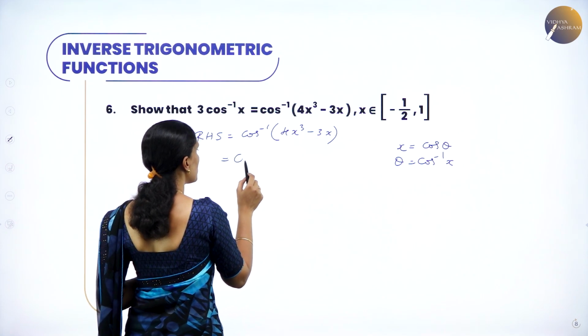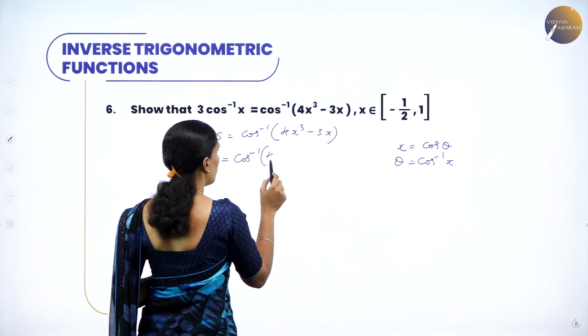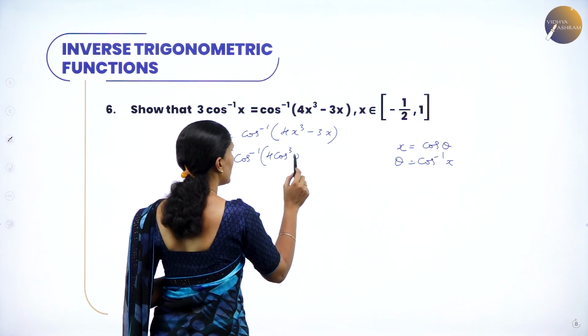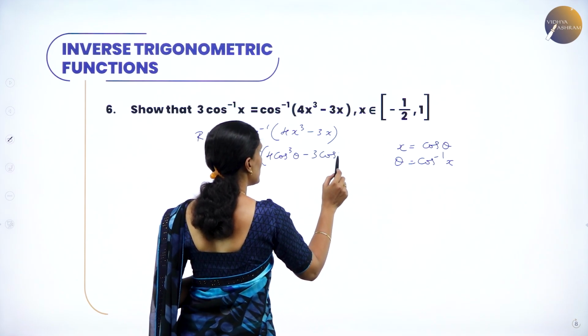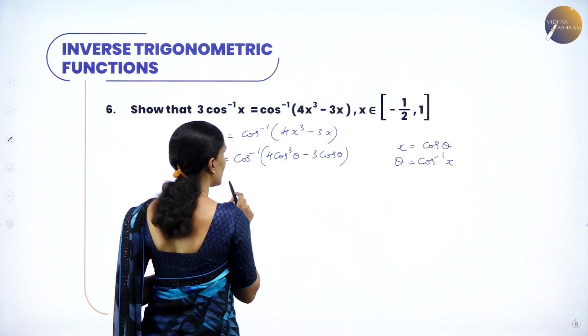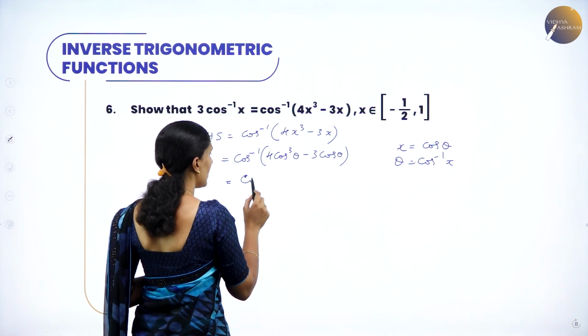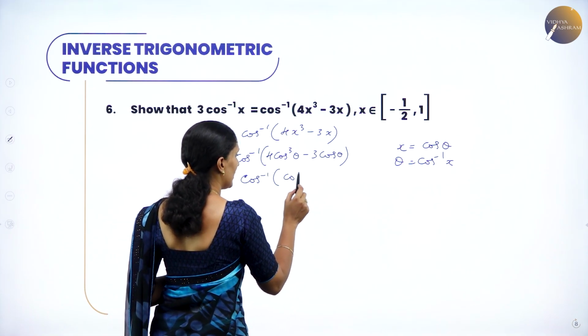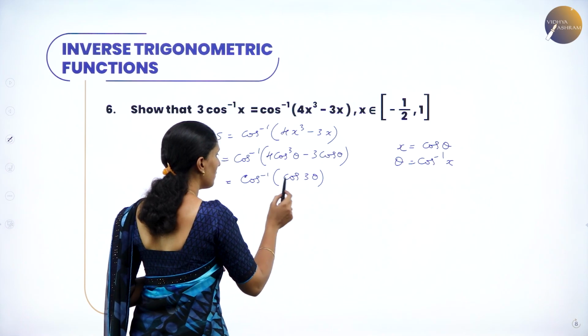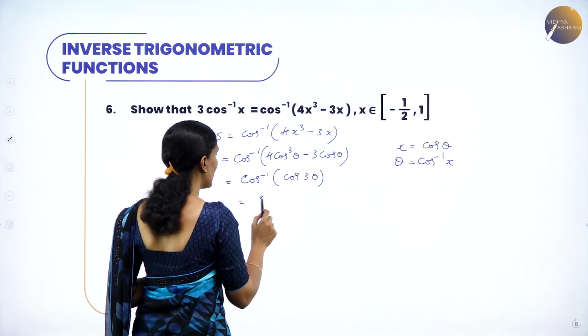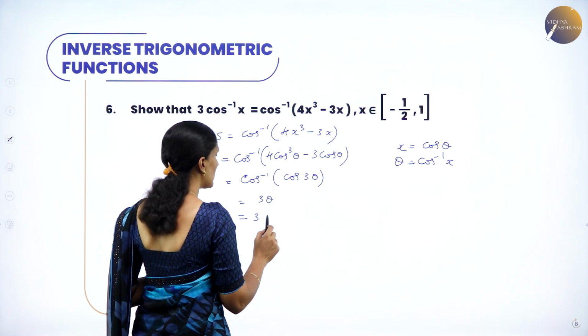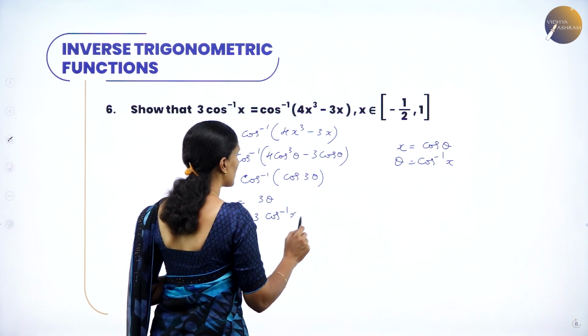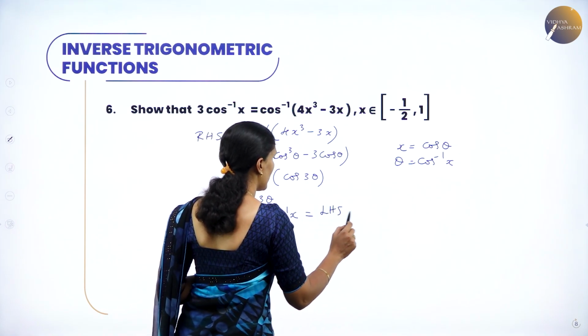So here it becomes cos inverse of 4 cos cube theta minus 3 cos theta. 4 cos cube theta minus 3 cos theta is cos 3 theta. So cos inverse of cos 3 theta is 3 theta, which is 3 cos inverse x, which is the left hand side.